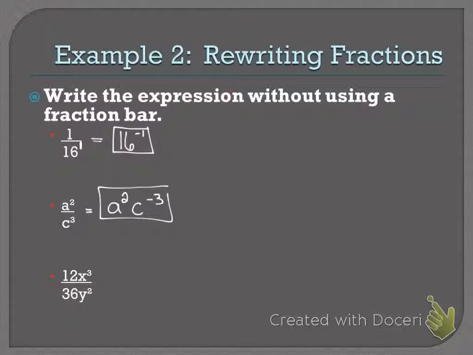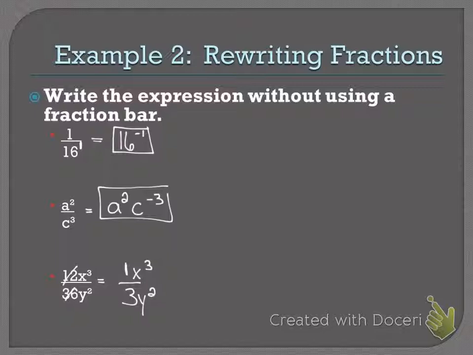Now in the last one, can I reduce 12 over 36? Yes, I can. I can reduce it. All right, so 12 over 36 reduces to what? Reduces to 1 over 3, right? Now I have 1x to the 3rd over 3y squared.